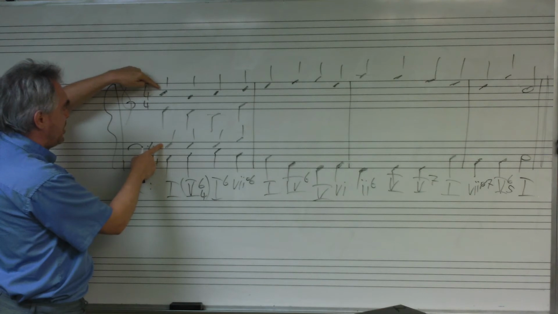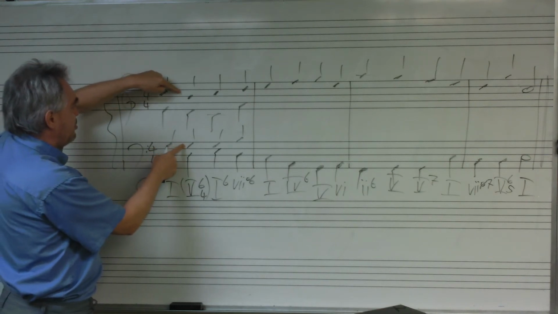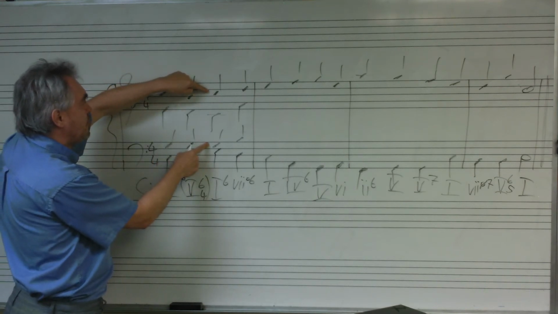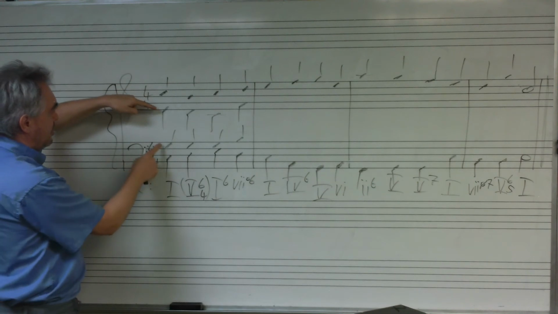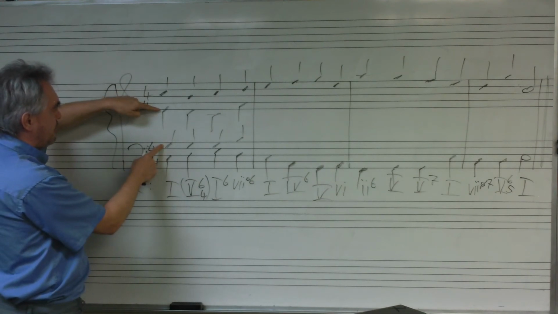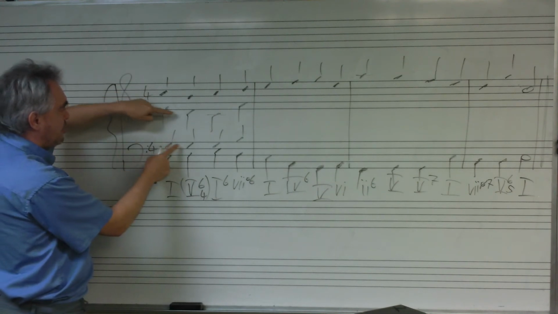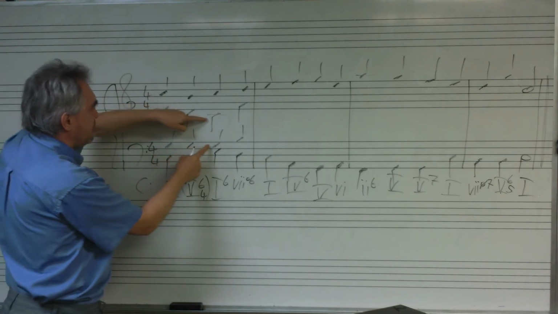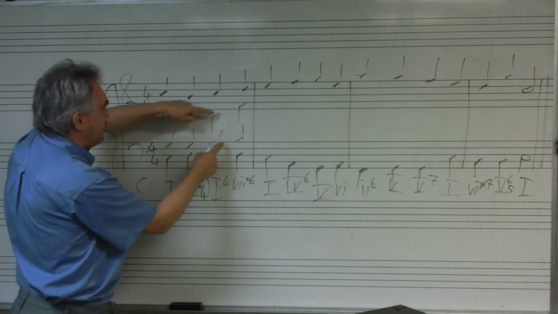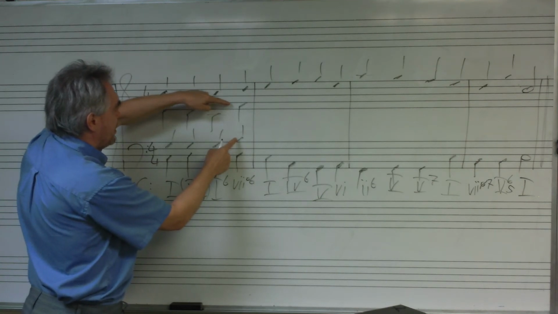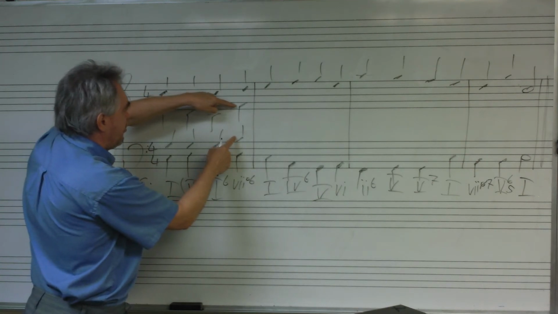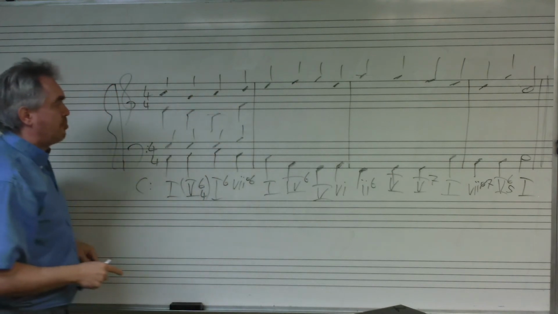Tenor soprano is a fourth, third, fourth, third. So far so good. Tenor alto, a sixth, going to a fifth, going to a fourth, going to a fifth, approaching a fifth.